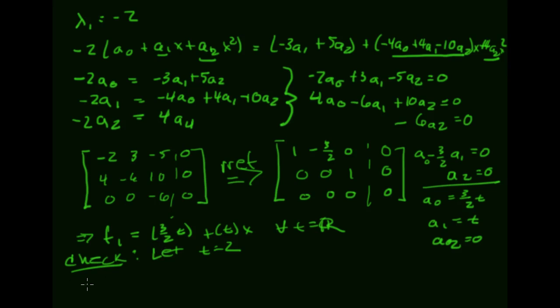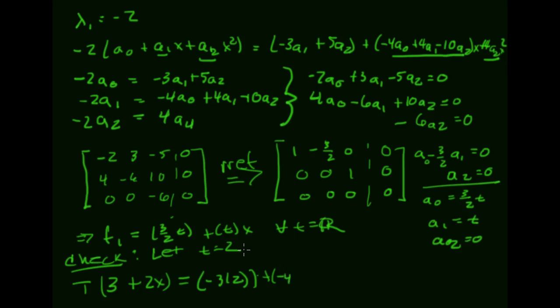So I now have the function 3 plus 2x. All right, I'm going to take the linear transformation of that. When I apply the linear transformation here, I get -3 times 2. That's the constant term plus negative 4 times, sorry, it's not 3 plus 2x.